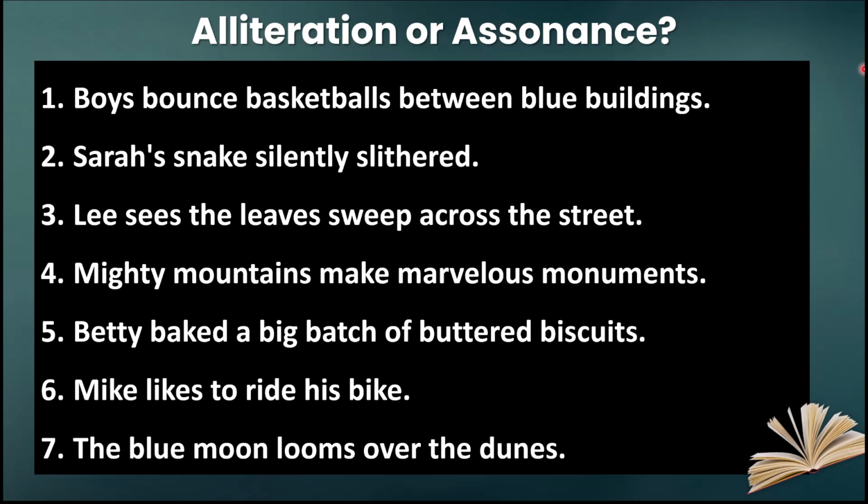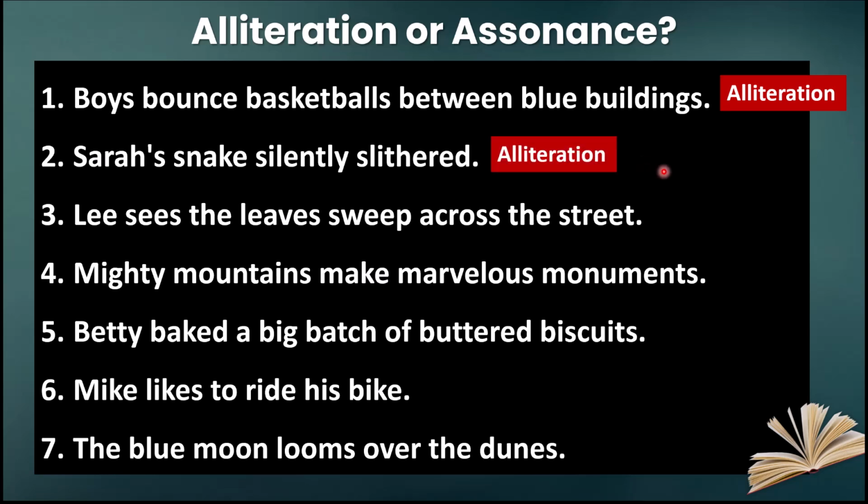So let's identify alliteration or assonance in these sentences, starting with number 1. Number 1, the correct answer is alliteration. All of the words in this sentence begin with the consonant B and have the B sound. Boys bounce basketballs. So that's alliteration. Number 2 is also alliteration.